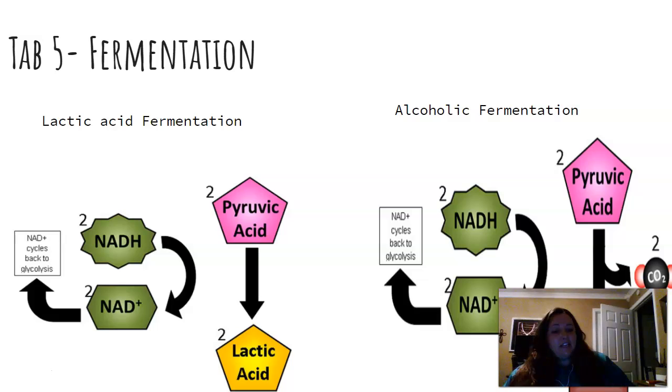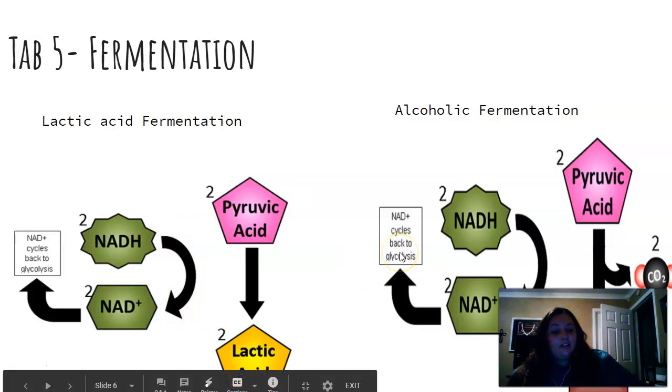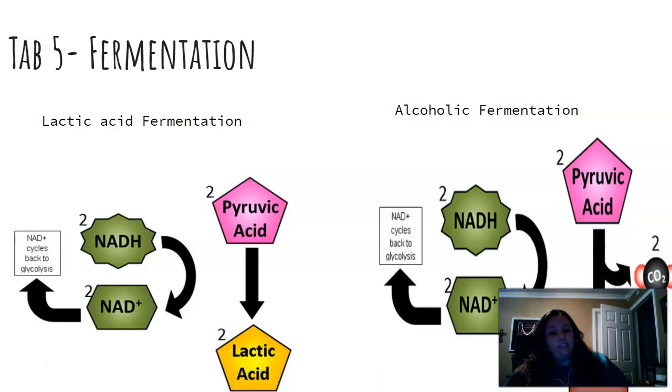So alcoholic fermentation, hopefully you don't have too much experience with this, but that is actually how we create wine and beer as well. What'll happen is that you have this pyruvic acid, and it's going to produce CO2, which gives it the carbonation, and you're going to produce ethyl, and that is the alcohol part of the alcoholic fermentation.